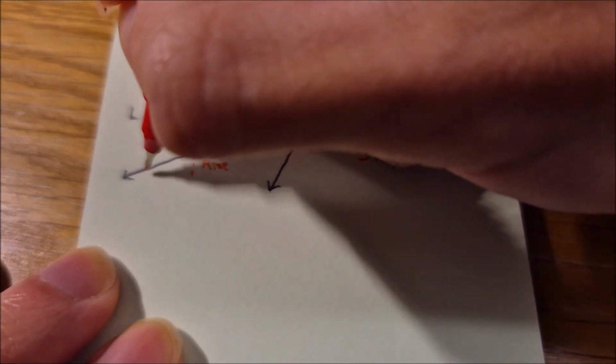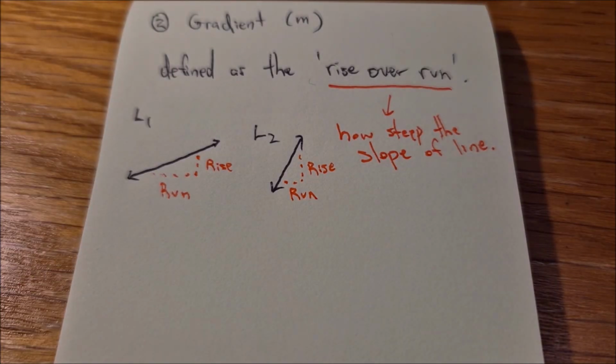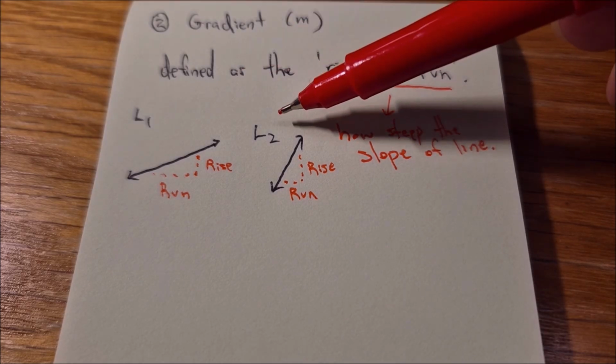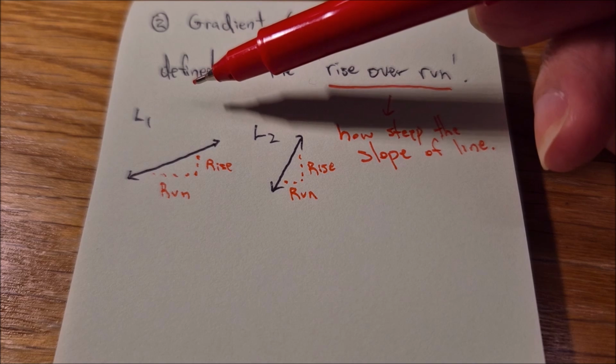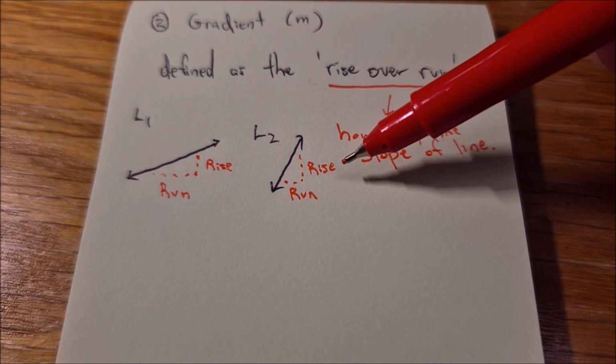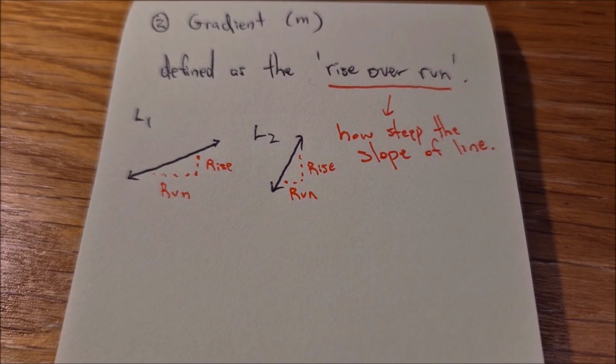Then our run is the distance in the horizontal. And from this we can see that line number 2 is steeper than line number 1, since the rise over the run is greater than line 1.